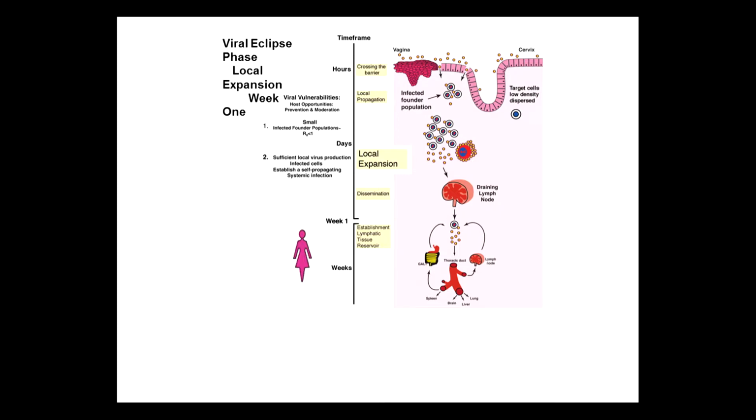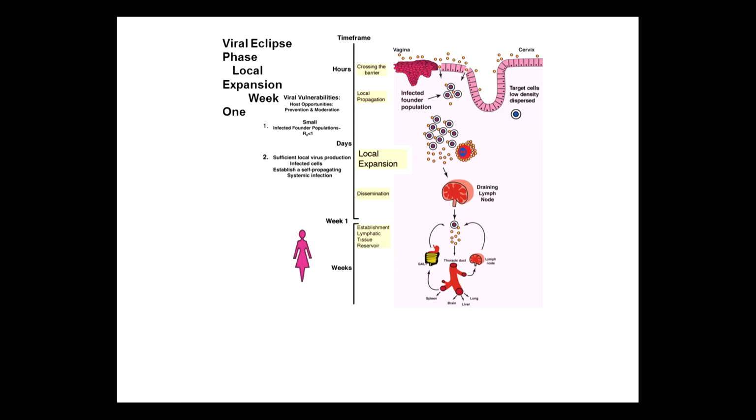But the point is that there's an infected founder population of primarily CD4 T cells in the submucosal surface. In the first days of infection, you have local expansion of those infected CD4 T cells and seeding of, or dissemination to, a local draining lymph node.